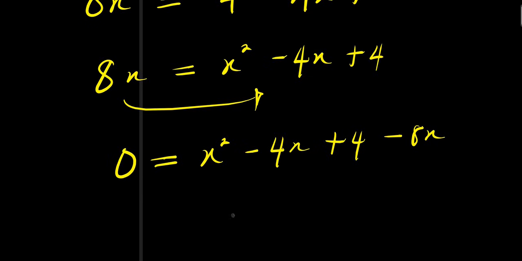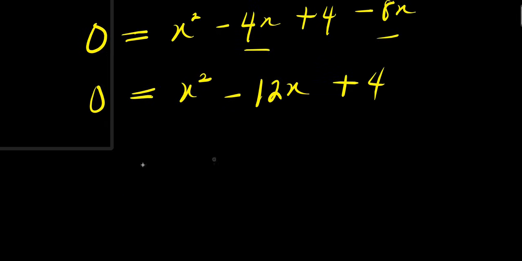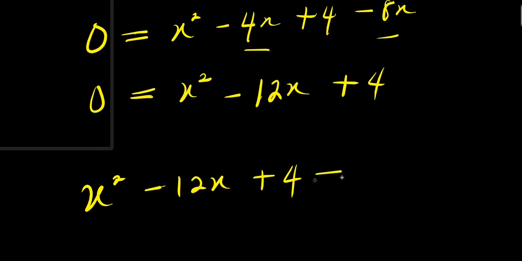So from here, I have 0 equals x squared minus 4x minus 8x is minus 12x plus 4. So this equation simply means, if you want to rearrange it, x squared minus 12x plus 4 equals 0.